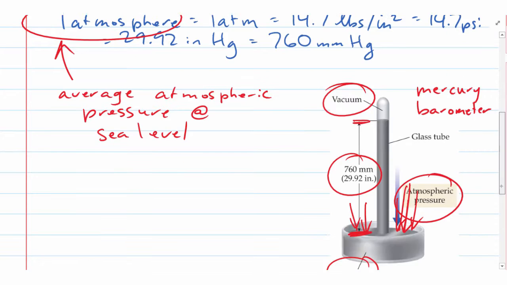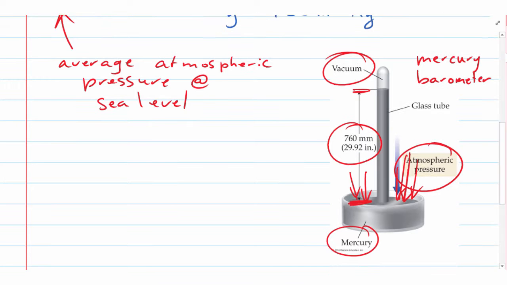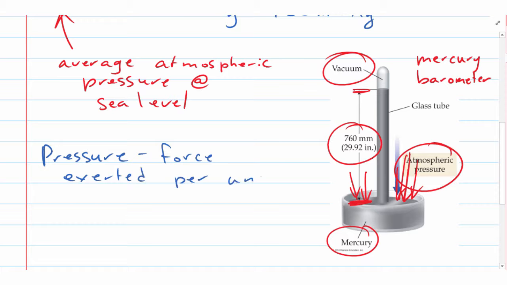Now, as far as how we calculate pressure, or not calculate, but we define it here first. We define pressure as being the force exerted per unit of area. Force exerted per unit of area.